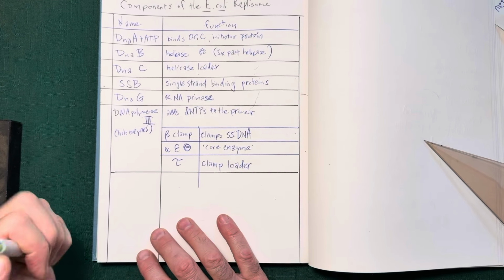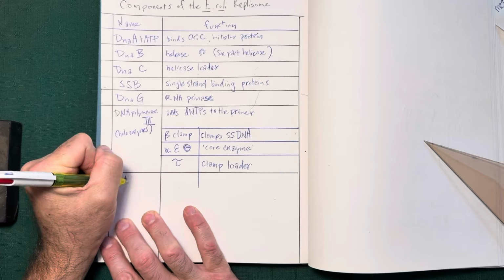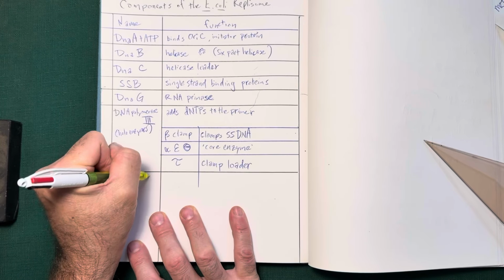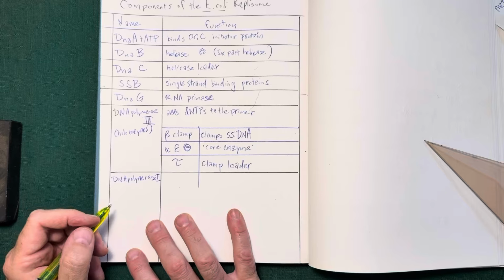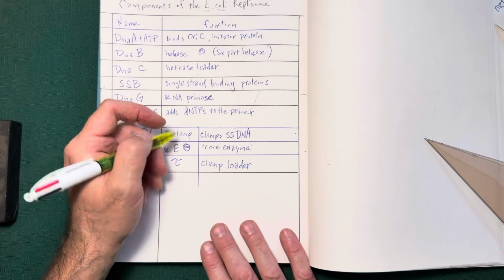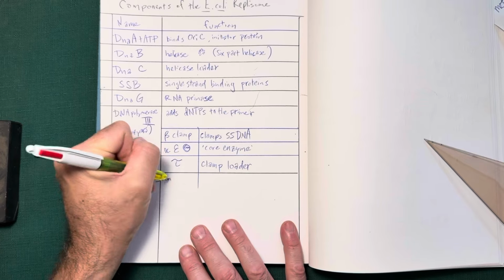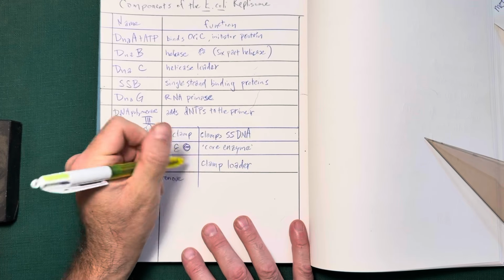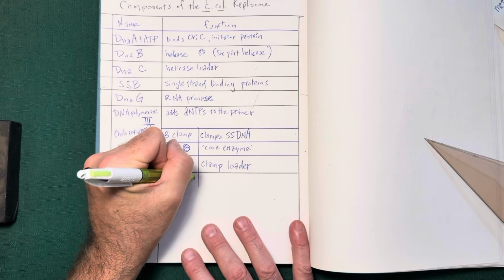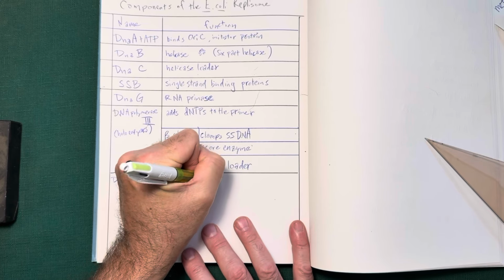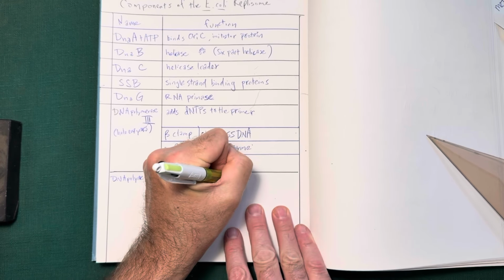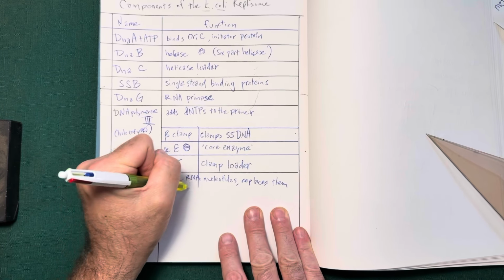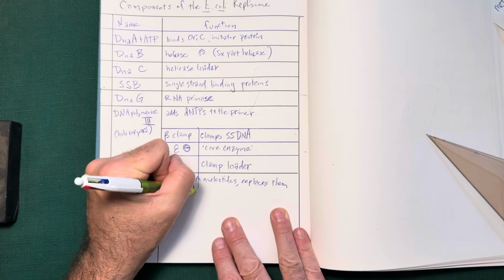And that is going to bring us to DNA polymerase 1, and DNA polymerase 1 is going to remove the RNA nucleotides of the primer, and it replaces them with DNA nucleotides.